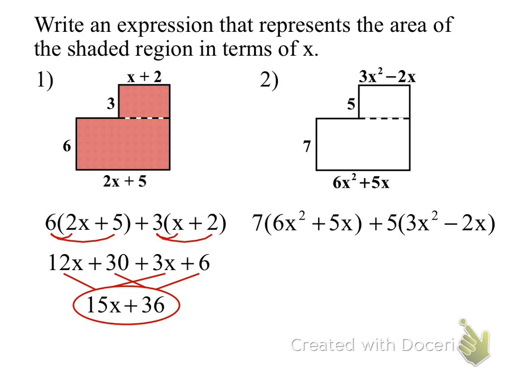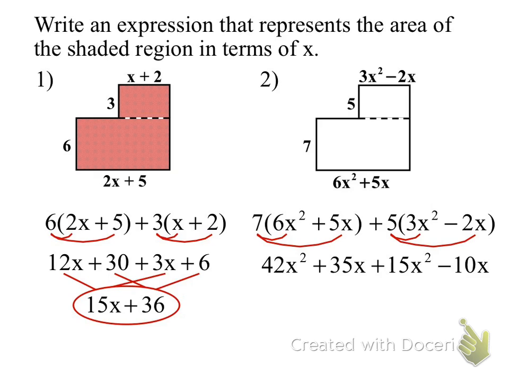Now we're going to distribute and we get 42x to the second power plus 35x, plus 15x to the second power, minus 10x. And now we combine our like terms.